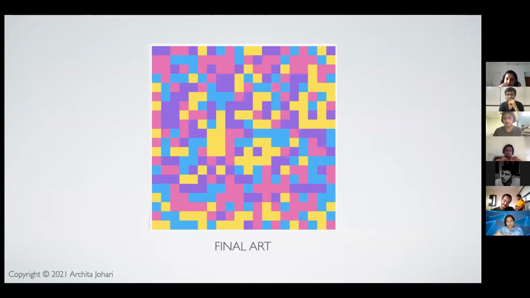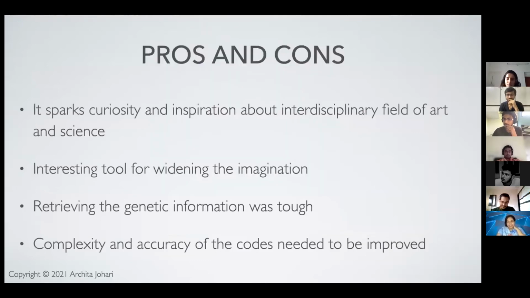My code was all over the place because I was really new to coding. So as any good designer would do, I made a list of pros and cons of my project. The pros were that it sparks curiosity and inspiration about the interdisciplinary field of art and science, and it was an interesting tool for widening imagination.